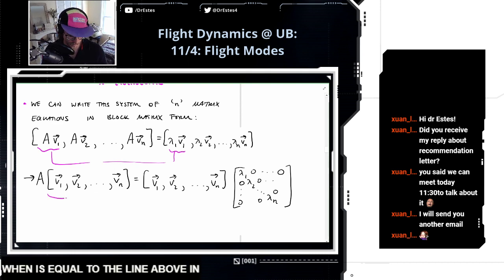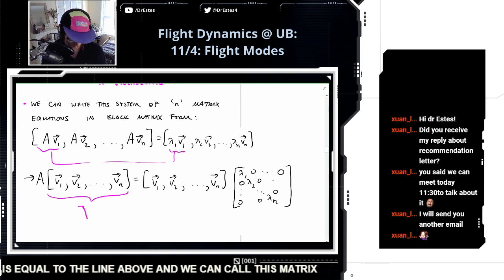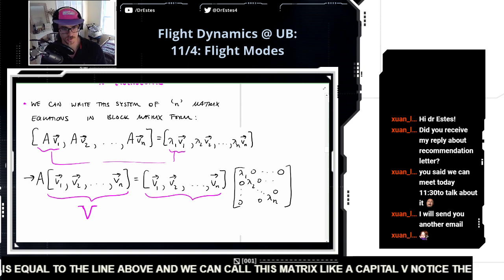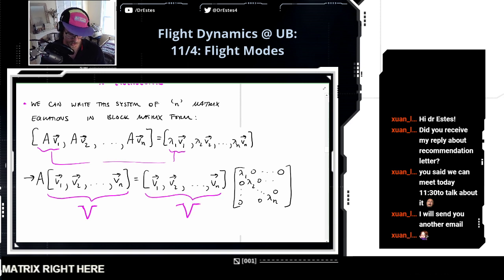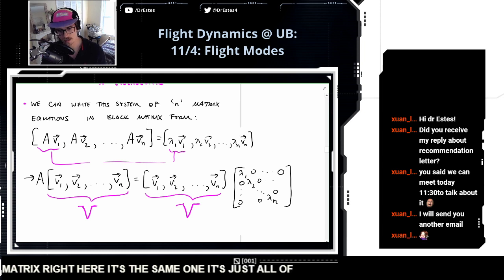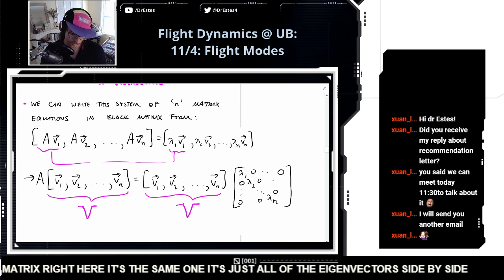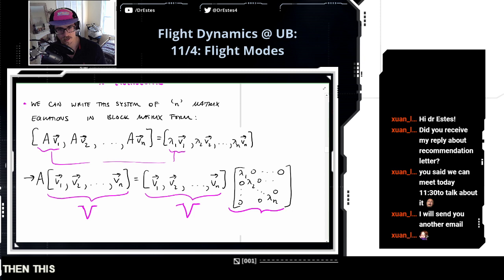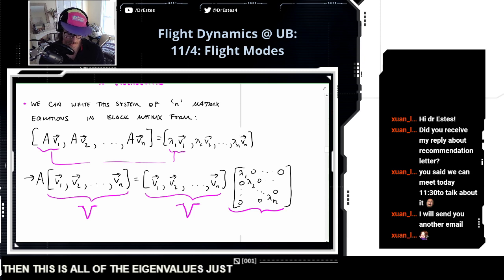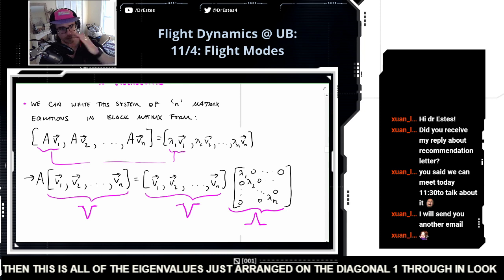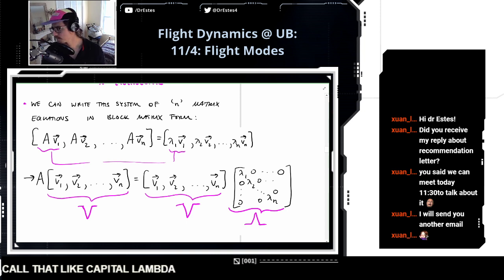And we can call this matrix a capital V. Notice this matrix right here is the same one. It's just all of the eigenvectors side by side. And then this is all of the eigenvalues arranged on the diagonal, 1 through n. We'll call that capital lambda.